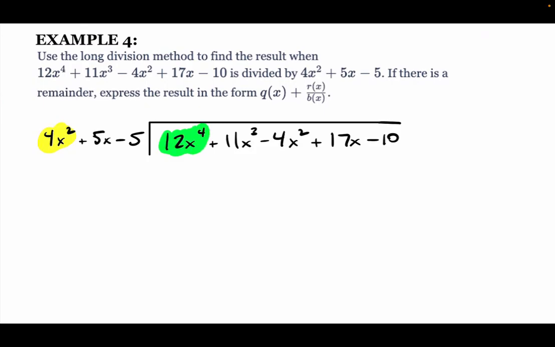Still got to do that. So using multiplication, 4 times what makes 12? 3, right? So I need a 3. And how many powers of x do I need? 2. So a 3x squared. Okay. Multiply.